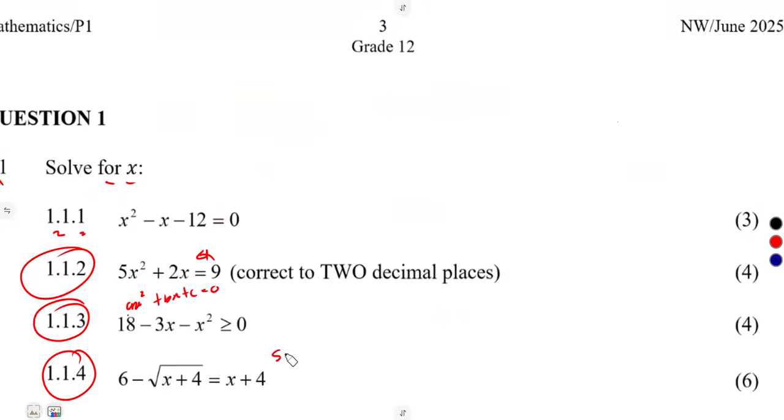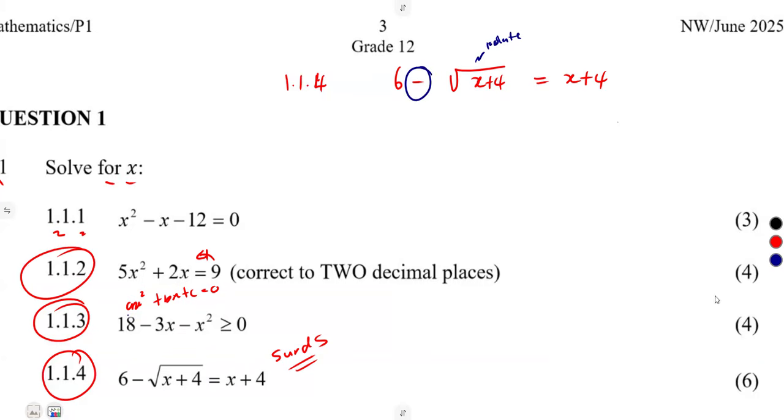our equations under surds. Remember our surds. 1.14. You are given 6 minus the square root of x plus 4, and that is equal to x plus 4. So what we simply need here is to isolate the surd, this part here, or simply make it the subject of the formula.